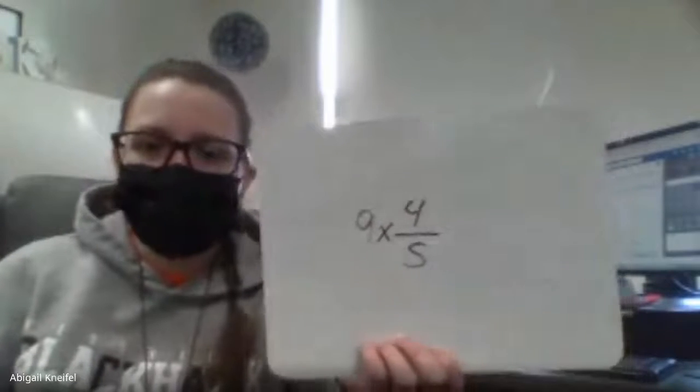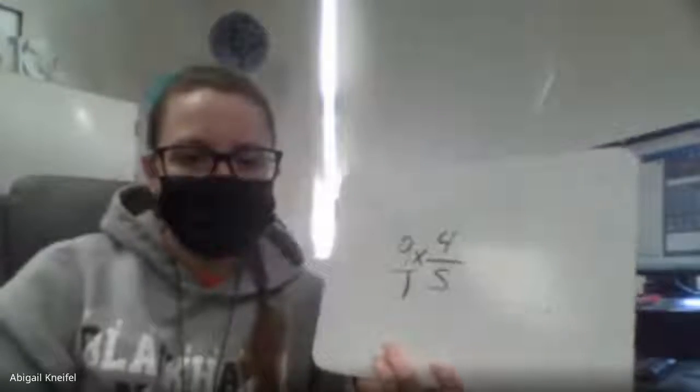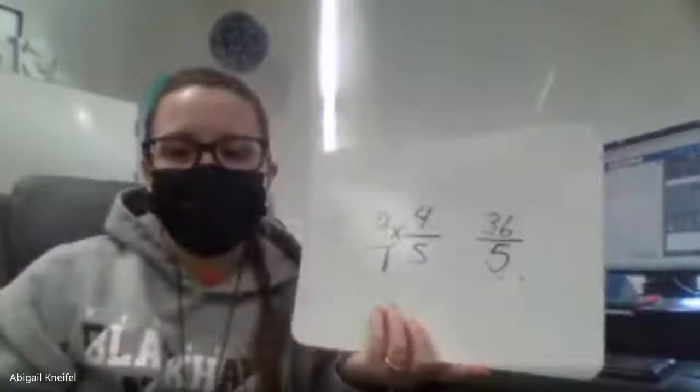Gage, unmute yourself. So first, we did not have to simplify this problem. I put 9 over 1 and make 9 a fraction. Then you have to multiply 9 times 4, which is 36. Then 1 times 5 is 5. Now I have an improper fraction, so what do I need to do?